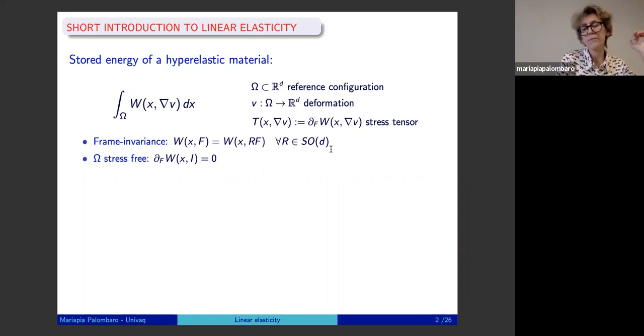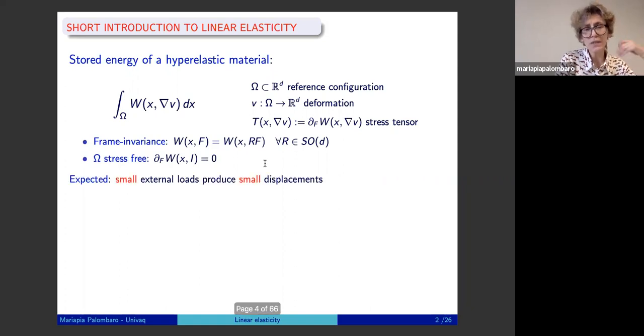Now, the derivation of linear elasticity is based on the observation that since the identical deformation is an equilibrium when no external load is applied, it's reasonable to expect that small external loads will produce small displacements.